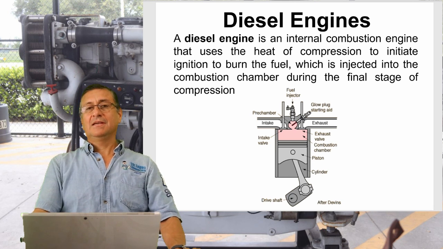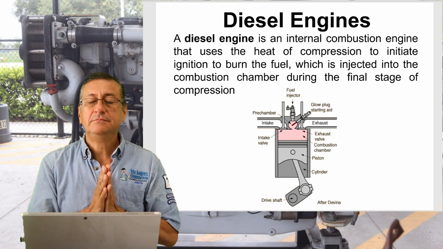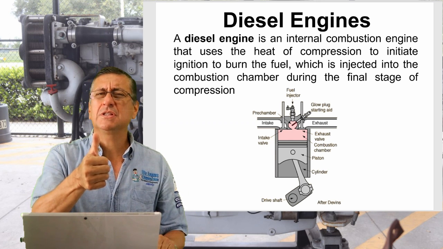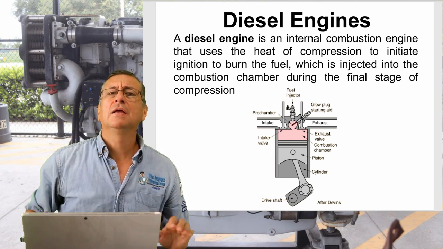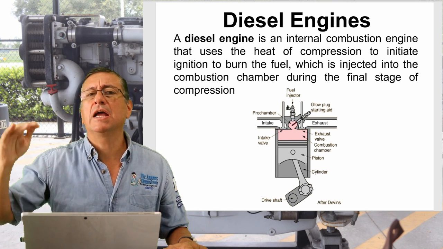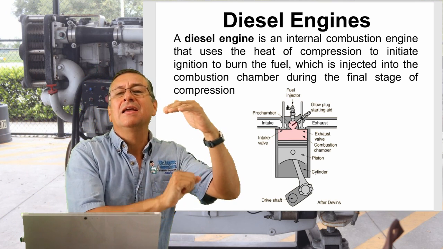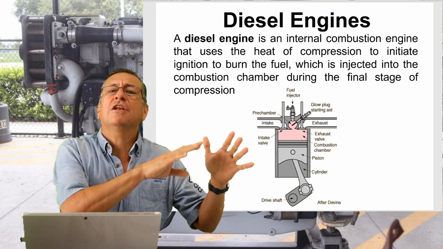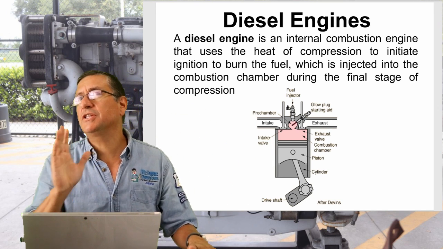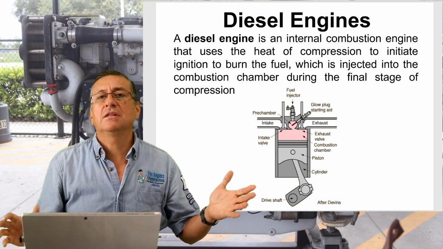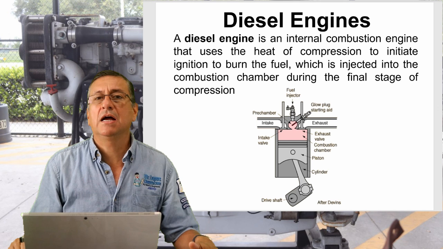Once again, if you compress pure air, you can reach temperatures around 1000 degrees Fahrenheit or more. If you compress air mixed with fuel, you reach temperatures around 200 or 300 degrees Fahrenheit.